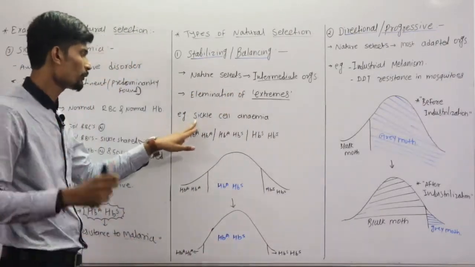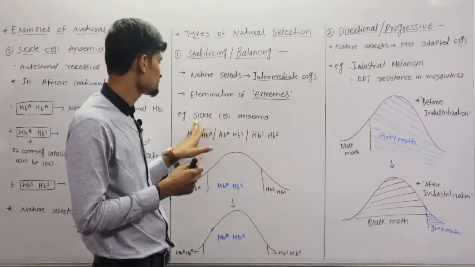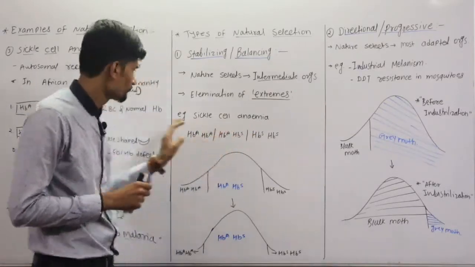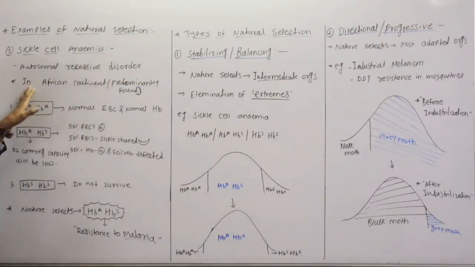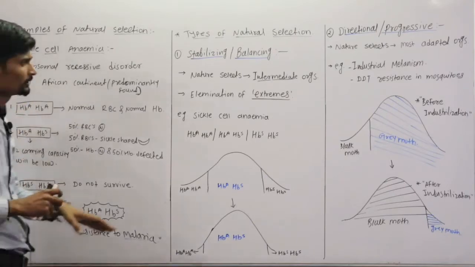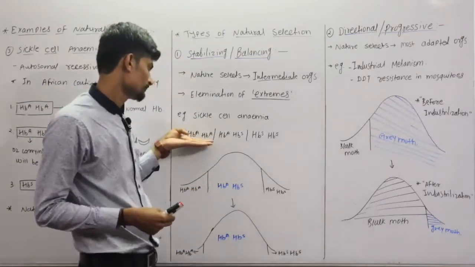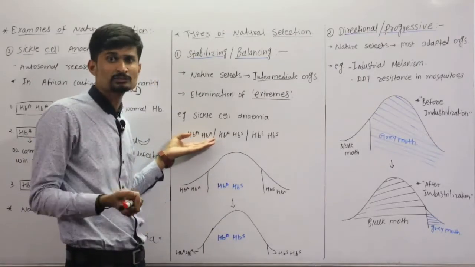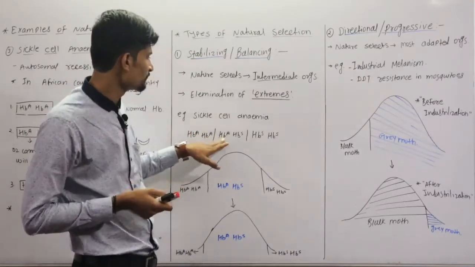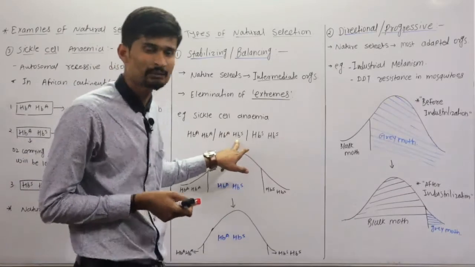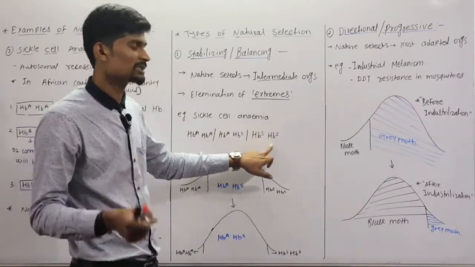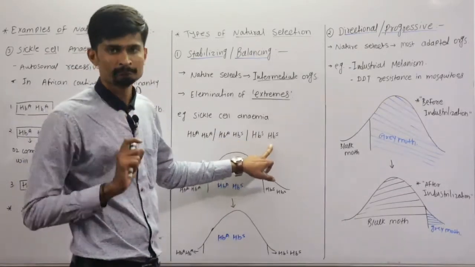So there is an example, that is sickle cell anemia. We have earlier seen sickle cell anemia. In sickle cell anemia there are 3 genotypes: HbA HbA means a normal person, HbA HbS means a carrier person, and HbS HbS means a sufferer person.